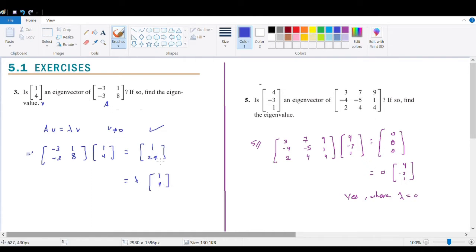This one is 1, this one is 29. We couldn't write it as lambda multiplied by the vector v. So from here, no, v is not an eigenvector, because we couldn't write it in this form.